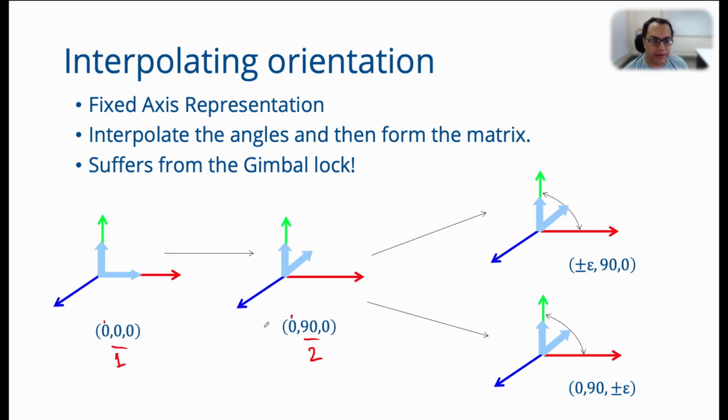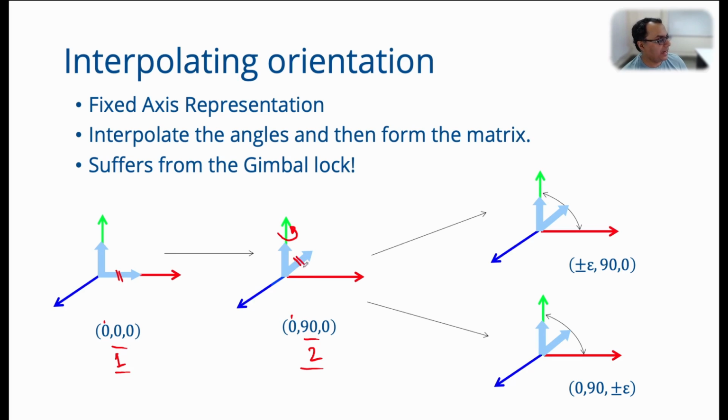However, in this space where you are representing orientations by these triplet of angles, there exists a problem called a gimbal lock. And the problem of the gimbal lock is as follows. Suppose you start with this orientation of the object, which is 0, 0, 0, and you rotate about the y-axis by 90 degrees. Now once you have done this, this arm of the object, which was earlier parallel to the x-axis, is now parallel to the z-axis.